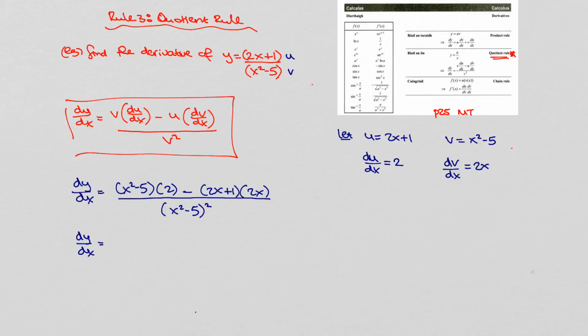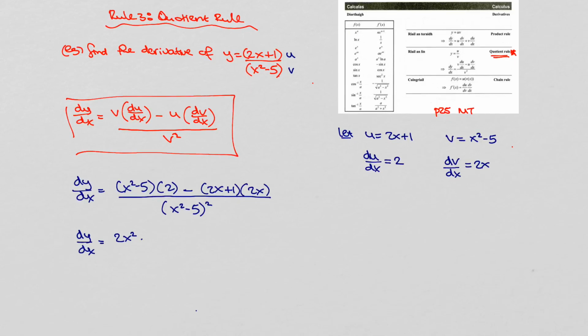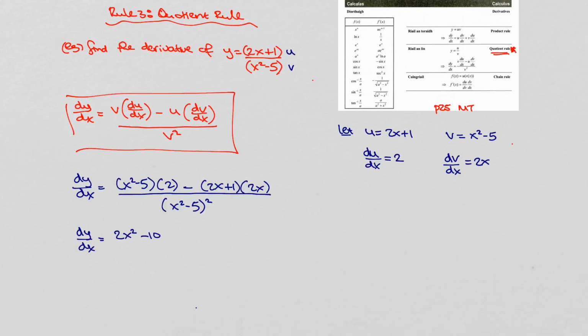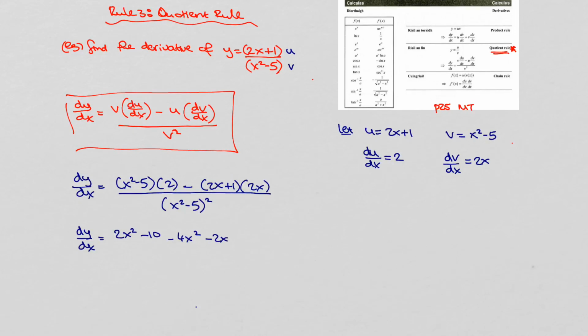So multiplying out the top line only, we're going to have 2 by x squared there, which is 2x squared, 2 times minus 5, which is minus 10. And again, being careful here with this minus sign. So we have minus 2x by 2x is minus 4x squared. And minus 1 by 2x is going to be minus 2x. And then on the bottom, we have x squared minus 5 to be squared.